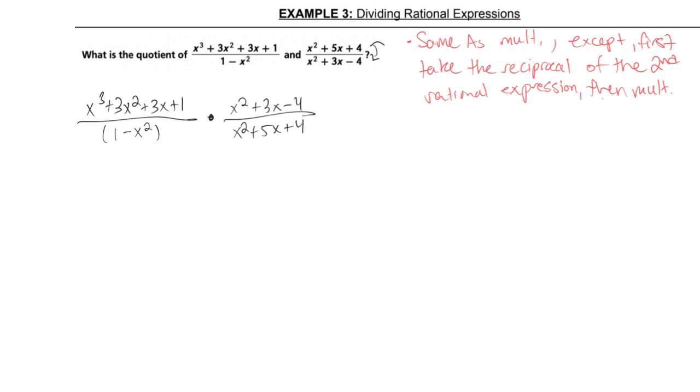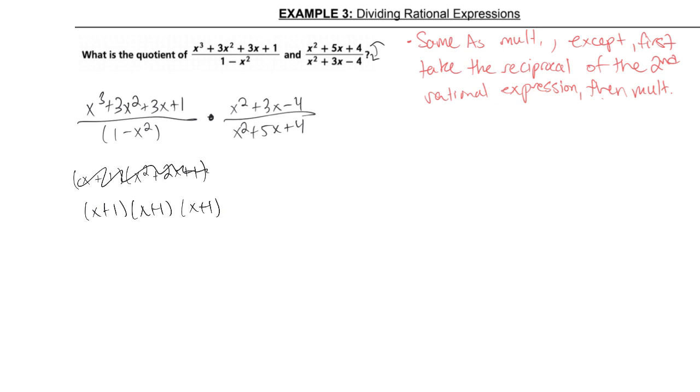So let's look at these, right? How can we factor them? Well, the first one is actually a special case, right? This is x plus 1 times x squared plus 2x plus 1, which also factors to x plus 1 times x plus 1 times x plus 1.